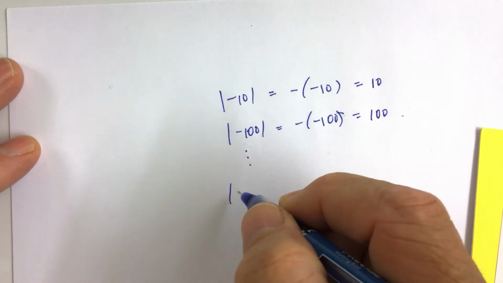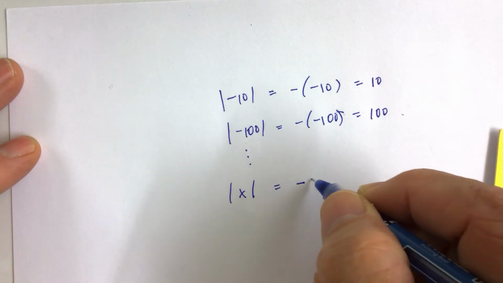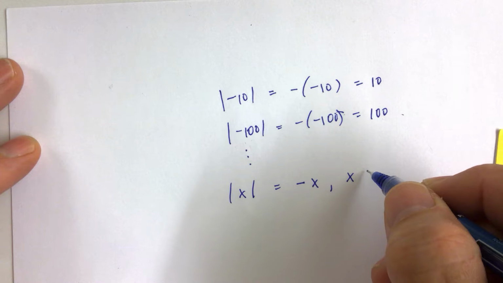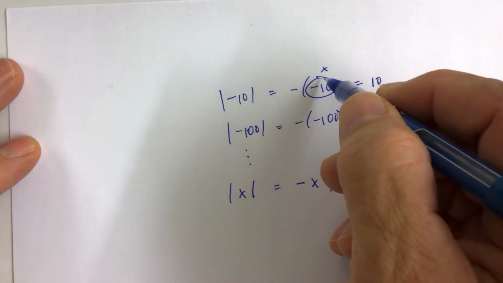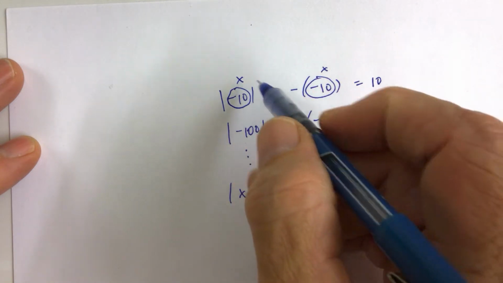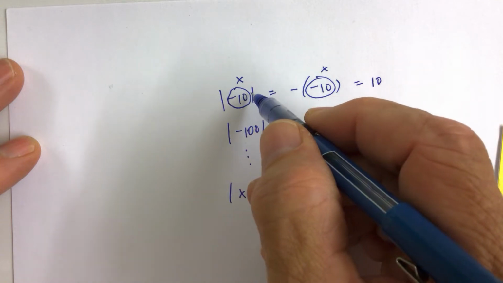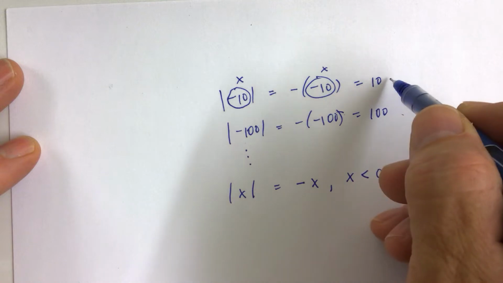The absolute value of x is equal to the opposite of x if x happens to be less than 0. So notice here's the x, less than 0. If x is negative 10, then the absolute value of negative 10 is the same as the opposite of negative 10, which is 10.